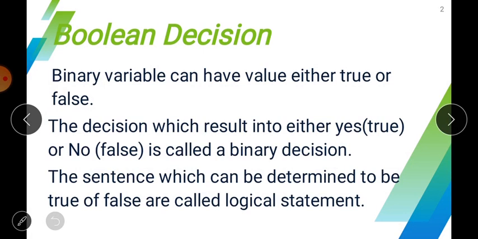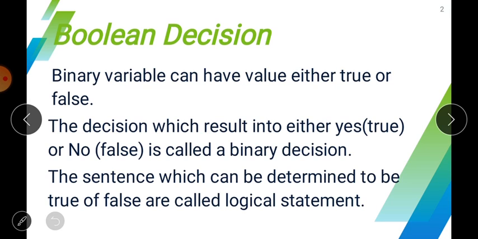Before starting with the Boolean decision, you should know what a Boolean variable or binary variable is. Students, you are all familiar with the term variable. In maths you are all using it. A variable in maths or algebra can hold any integer number, either positive or negative.